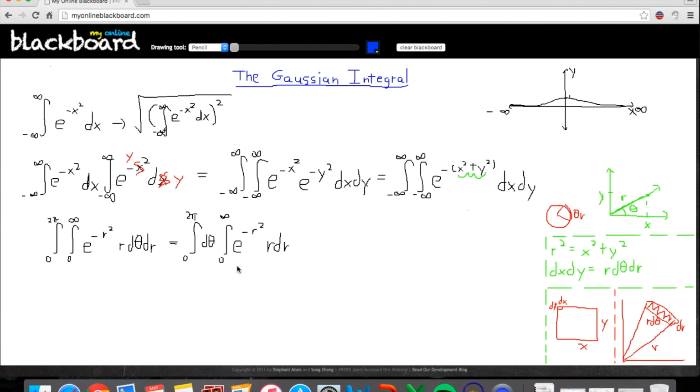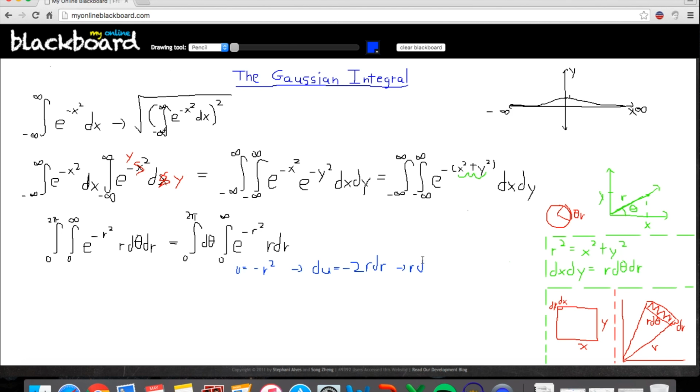So let's let u equal negative r squared. So du, I'm just going to draw an arrow to represent du, is negative 2r dr. And so, just by manipulation, I'm not going to cancel out the r's or anything, I can just take the r dr term and set it equal to negative du over 2.